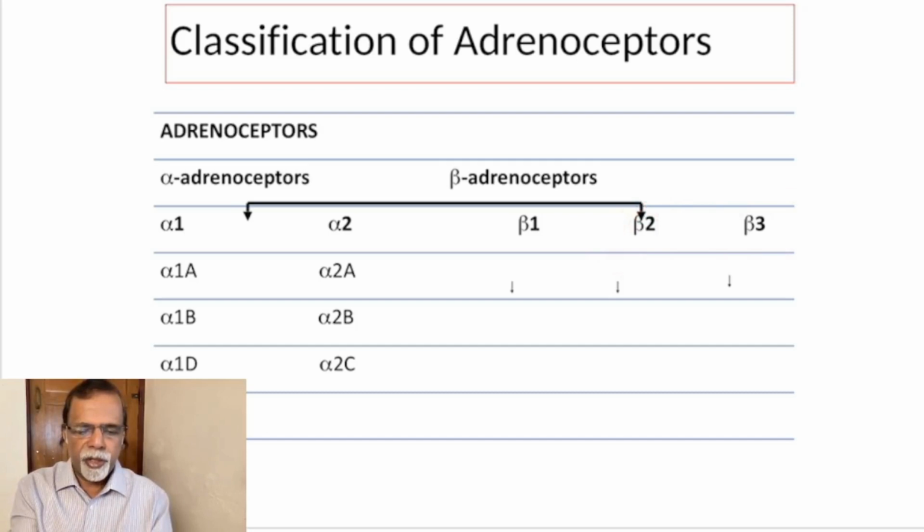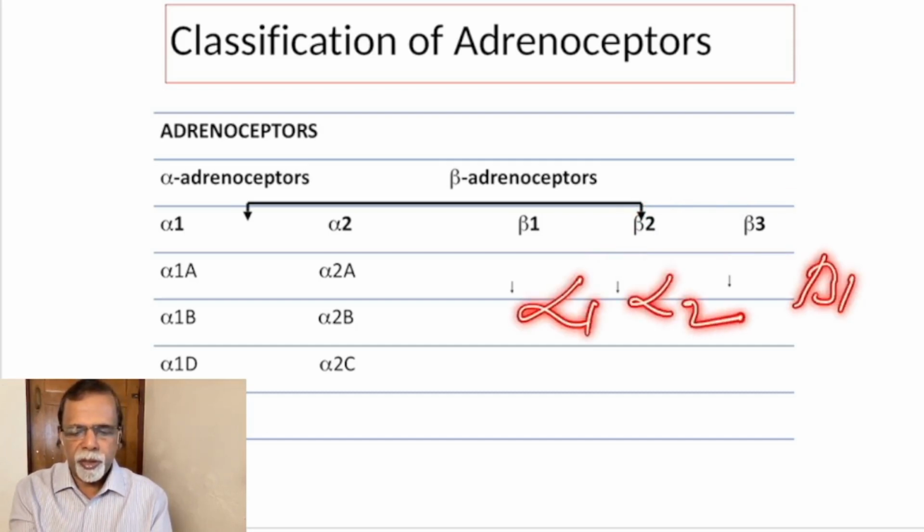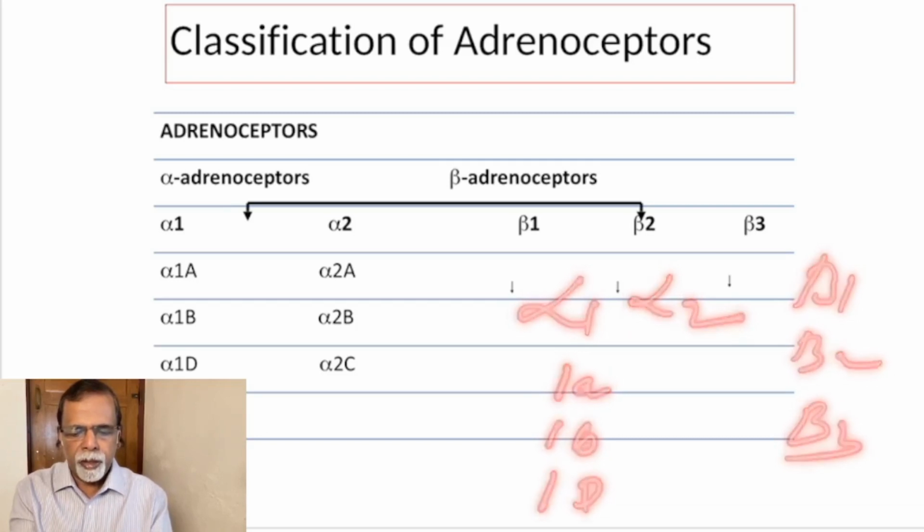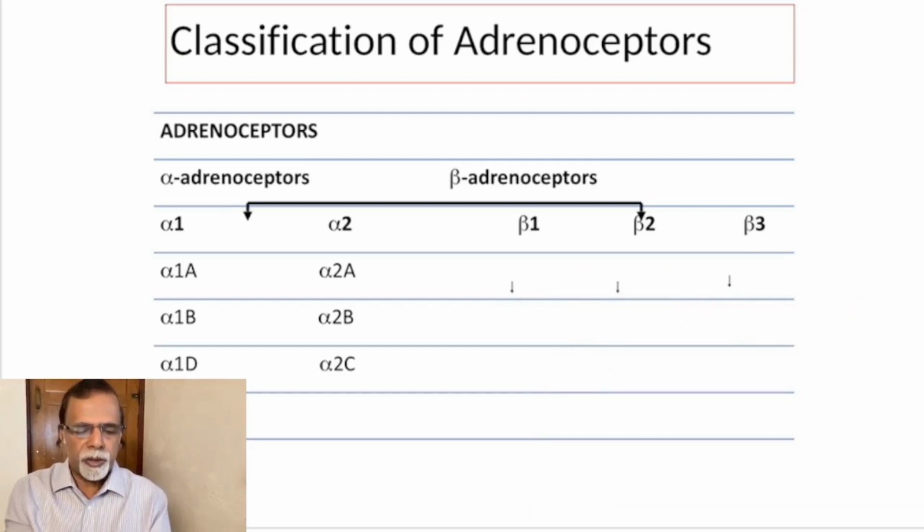So basically divided into alpha 1, alpha 2, beta 1, beta 2, beta 3. Alpha 1 is again divided into 1A, 1B, 1D, and hope this point is clear to you. There are various subdivisions for the alpha receptors and beta receptors.